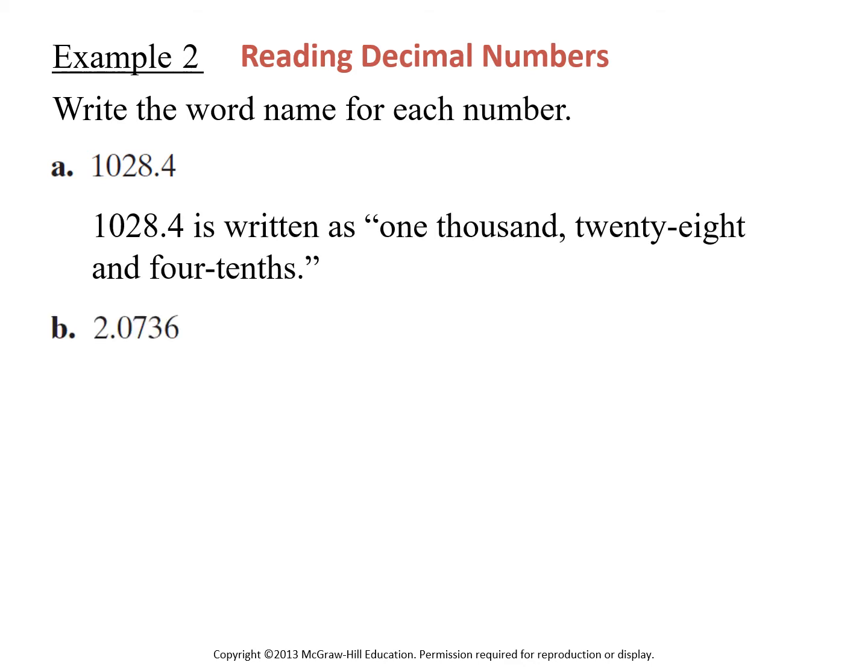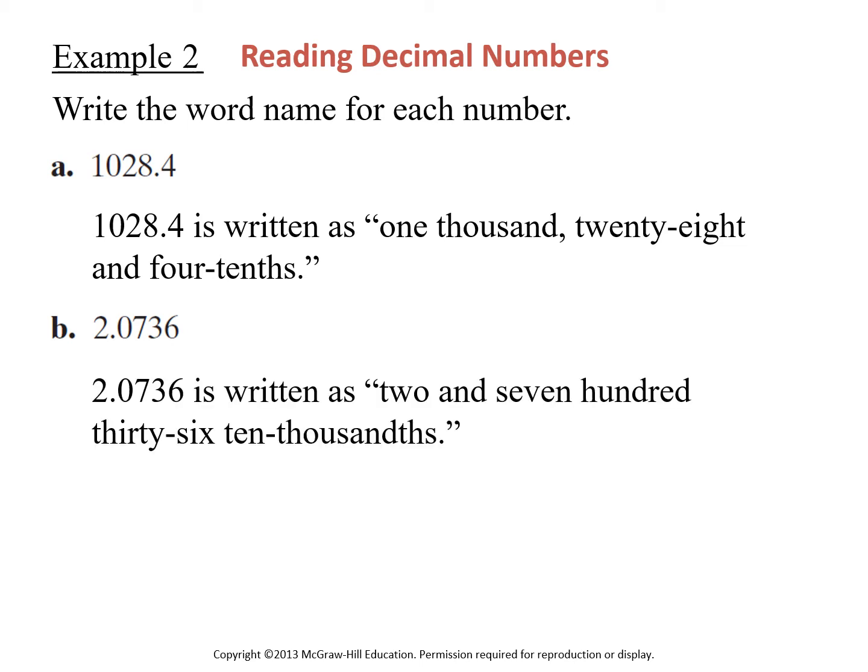Here we have 2 and 736 10,000ths. Now if you look at 2 and 736, 736 is my numerator. I need 4 zeros, and that's going to help me know that that's the 10,000ths place.